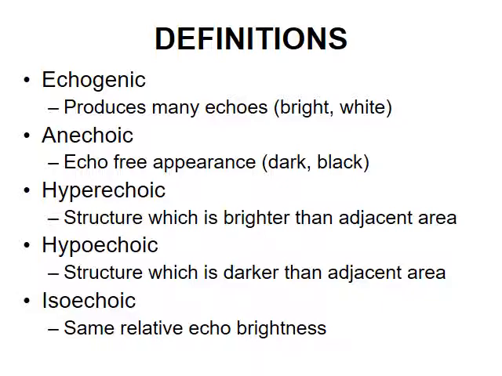So on our grey scale, they're both bright and white, they're both dark, or they're about the same grey level. One isn't brighter or darker than the other. To us, they look the same. Then the term is isoechoic. They're the same.